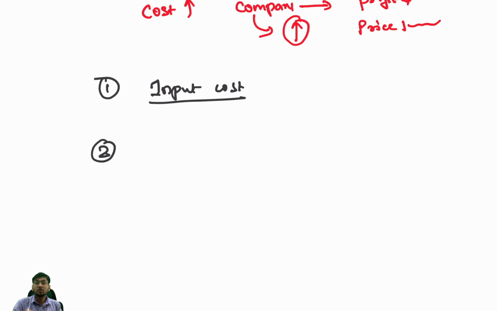Now, after identifying the major inputs, the second point is to check for hedging or vertical integration. You should check for hedging. We have studied that in derivatives, that we should hedge. If we are afraid, what if the price of oil will rise? We'll buy futures of the oil, or we will do vertical integration.